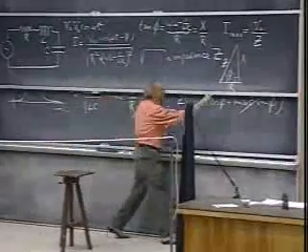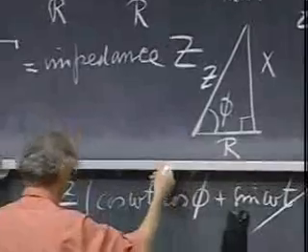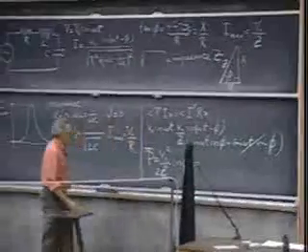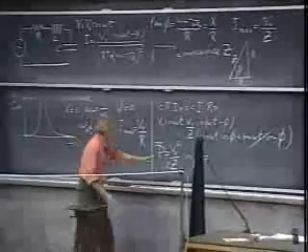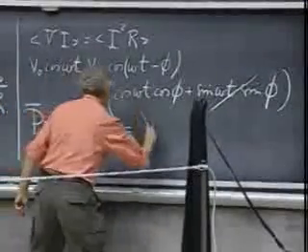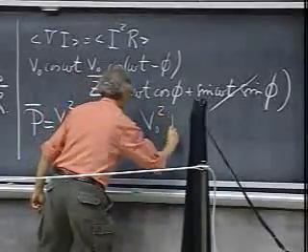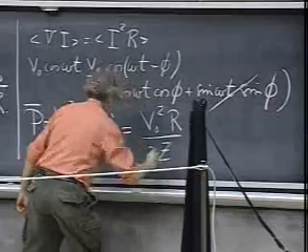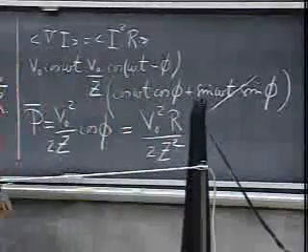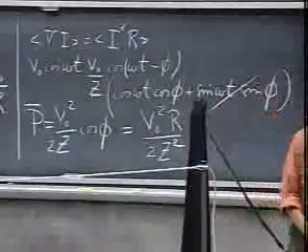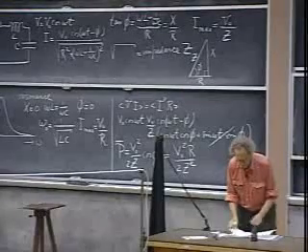And so the cosine of phi is also R divided by Z. And so if you prefer that, there's no particular advantage, but if you prefer that, you can write down for cosine phi R divided by Z. And so you get V0 squared times R divided by 2, and now you get Z squared. And so there you see the power, time average power, in an RLC circuit.